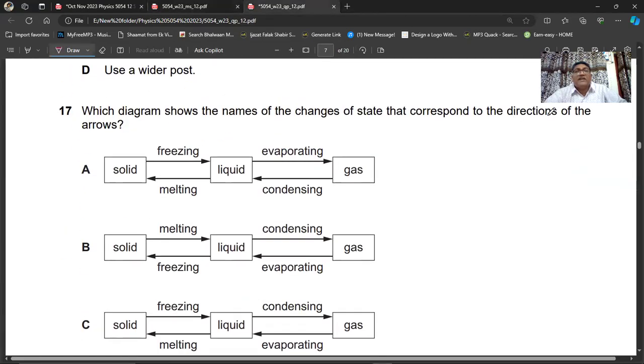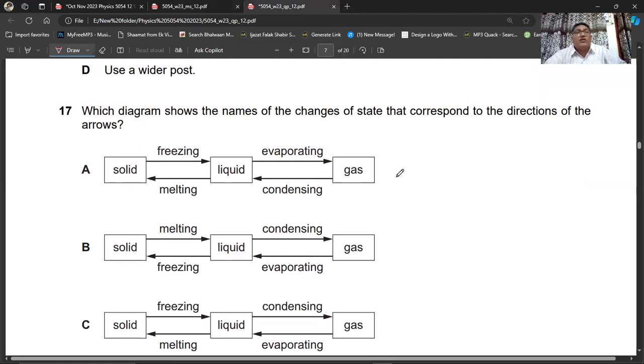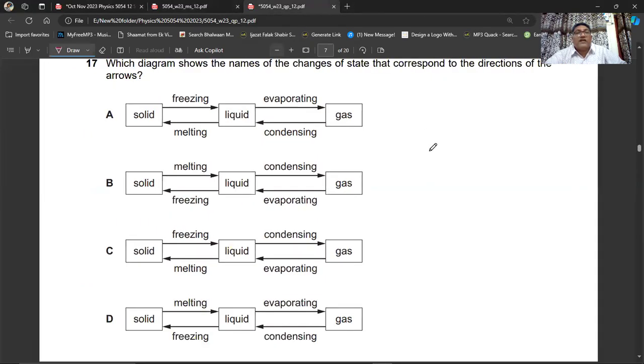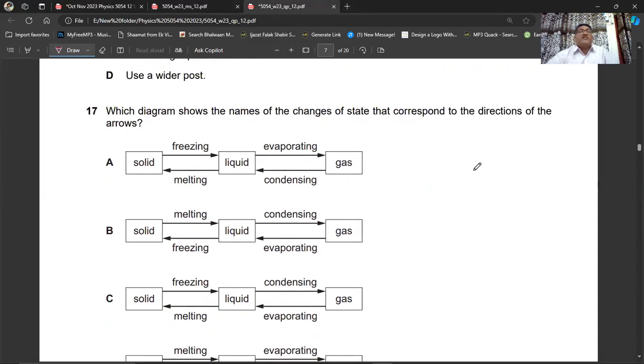Question number 17 is in front of you. He says, we have to reduce the size. Okay. He says, which diagram shows the names of the changes of state that correspond to the directions of the arrows?